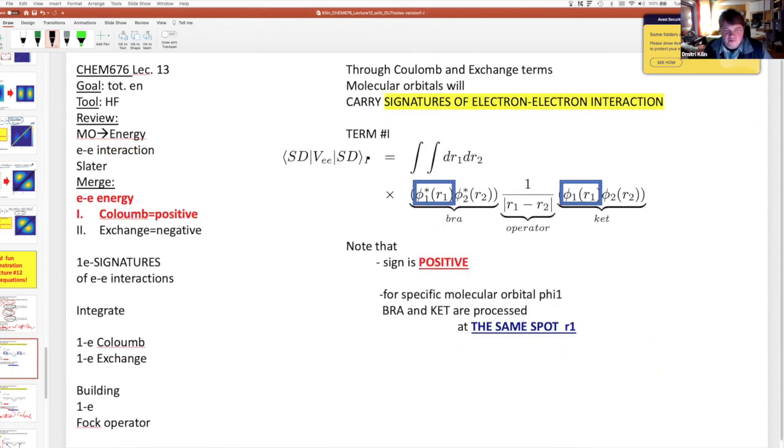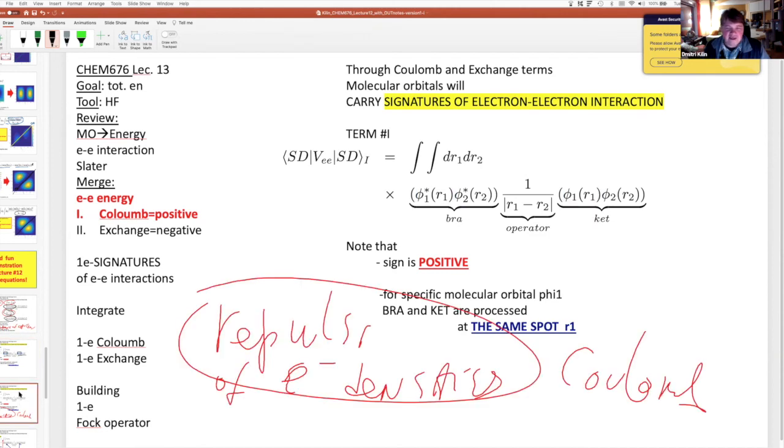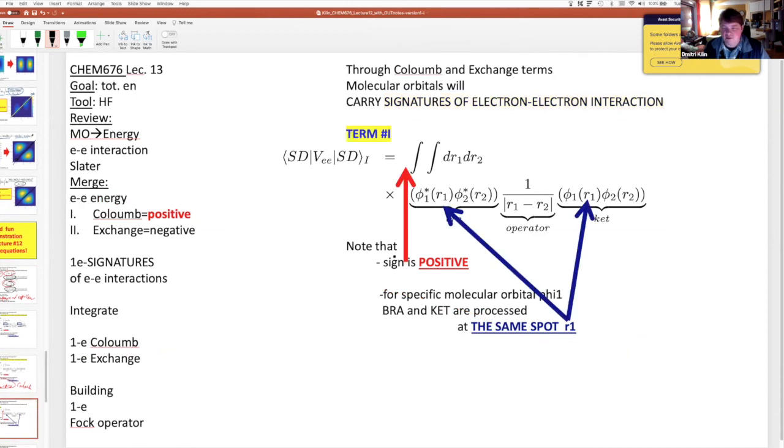I will call it the first term of the Slater determinant matrix element. So bra and ket, each electron is on its place. Notice it is positive, right? It has positive value.